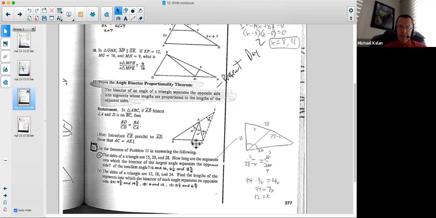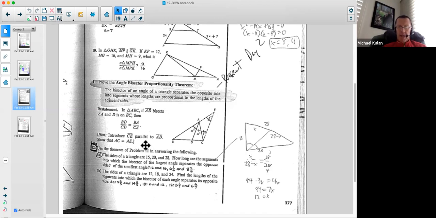BD over CD, those would be the parts of the opposite side, right? So we're talking about angle A that's bisected. Okay. And how are we going to prove that? Okay, they give you a hint.